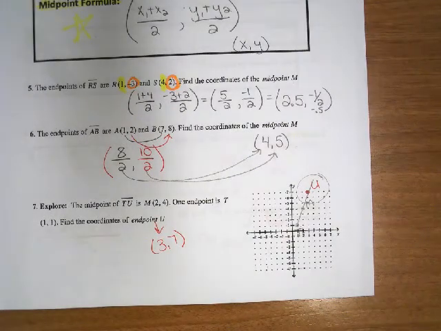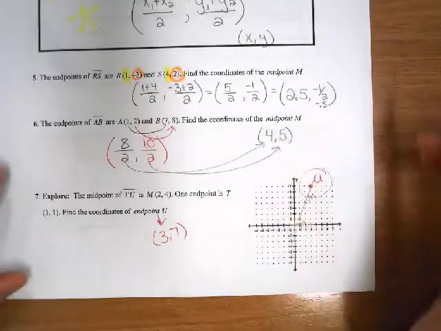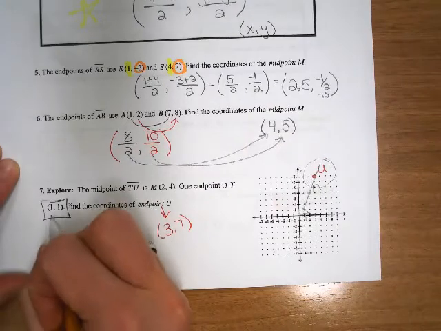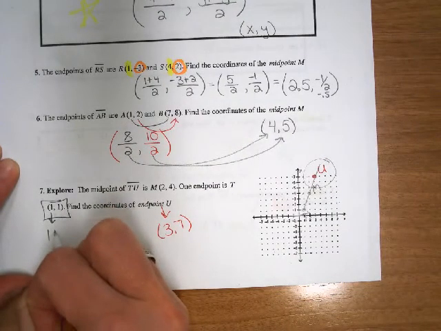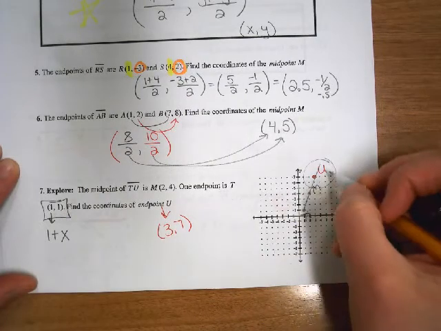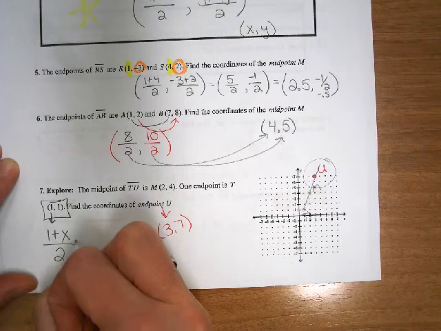Now, once again, though, I really do not want to do this every time. So there's another way that you can do this. And basically what it is, you're using the formula backwards. So let's just think about this is our endpoint. So if we take our x, we do 1 plus the other endpoint, because we don't know it, that's u.